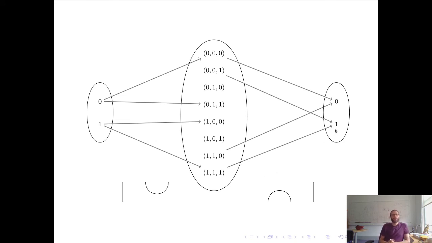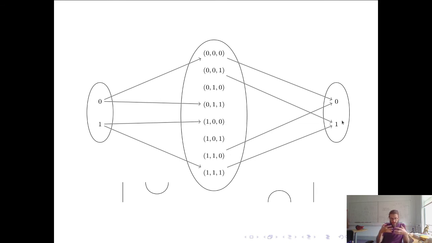Now, if you remember how to compose these relations, I do it by tracing paths from the left all the way to the right. If I trace that path, I have one path which goes from 0 all the way to 0, and one path which goes from 1 all the way to 1, and no other continuous paths totally crossing this thing.